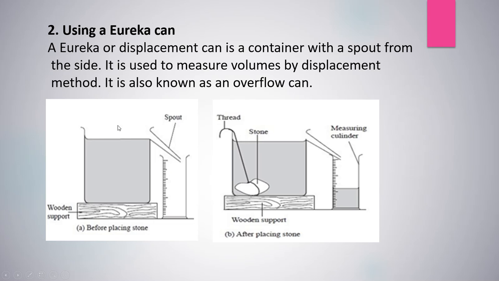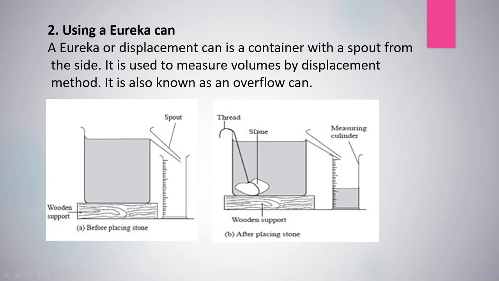First pour water in this beaker until it overflows. When it has stopped overflowing, it means it has reached this level. So now you can place an empty clean beaker under the spout, which is going to collect the water that will be displaced when you place there the irregular object.